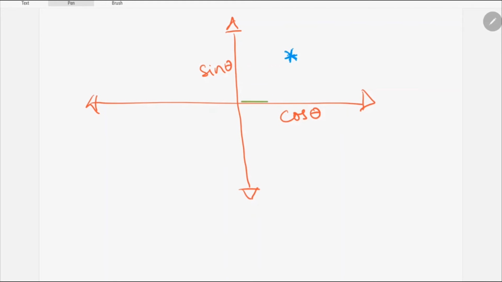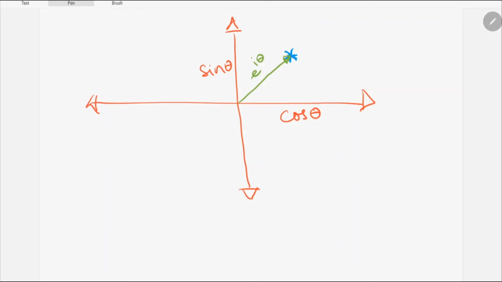Let's say I have a vector, e raised to the power iota theta. This is not very intuitive, I know, but the roots of this concept go a lot deeper into the mathematics and abstract concepts, so let's not go into that and just stick with how we can track the location of this blue point over here.